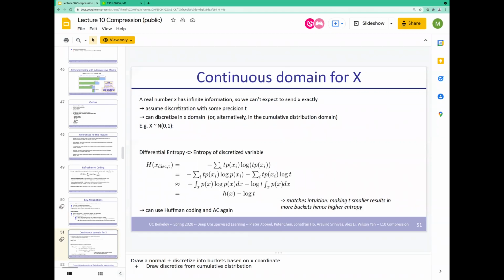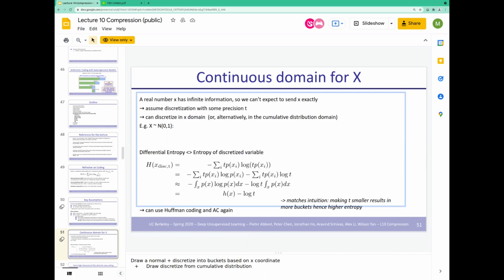With continuous, you do discretization with some precision t, and we can discretize in the x domain or the cumulative domain. Suppose it's a normal distribution: we can either cut up the x domain into smaller precision values, or cut up the cumulative one.